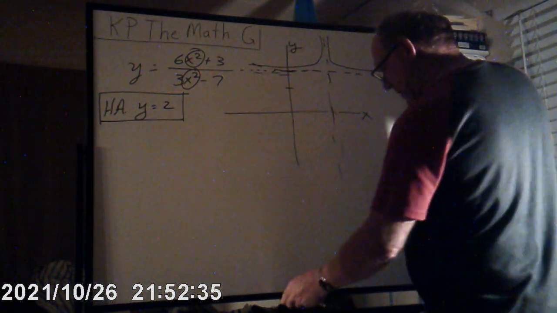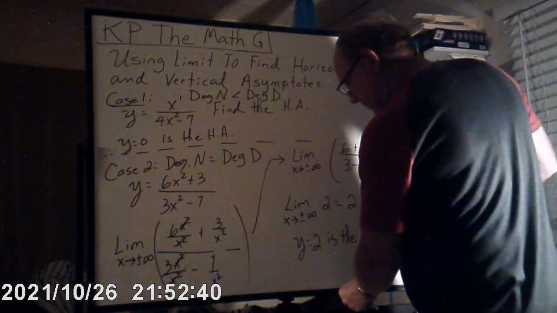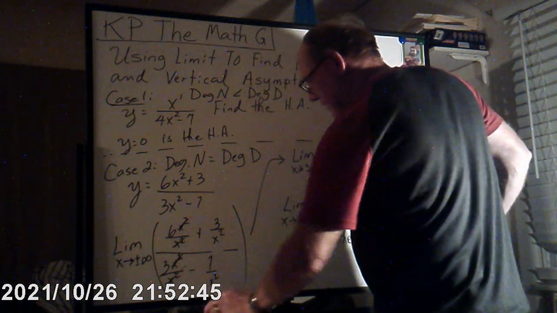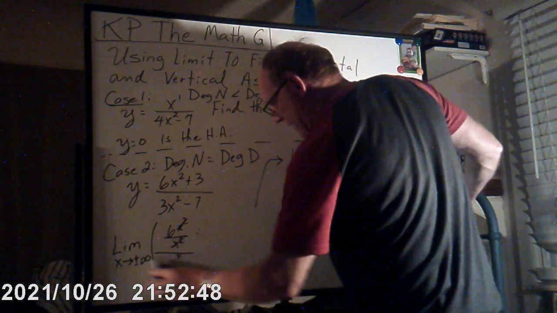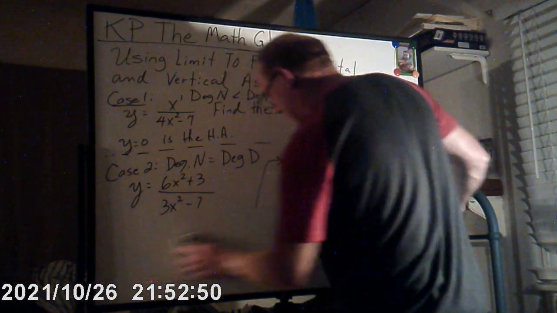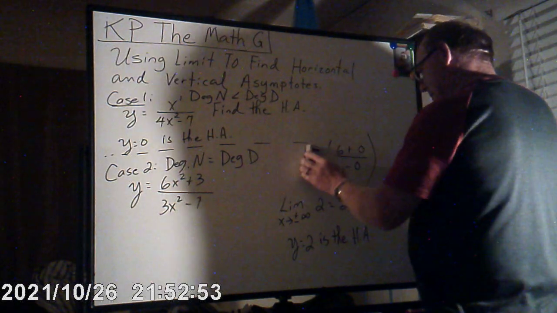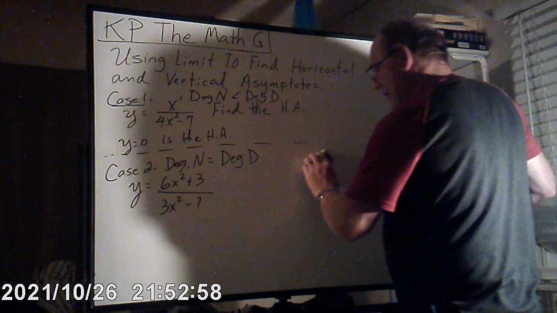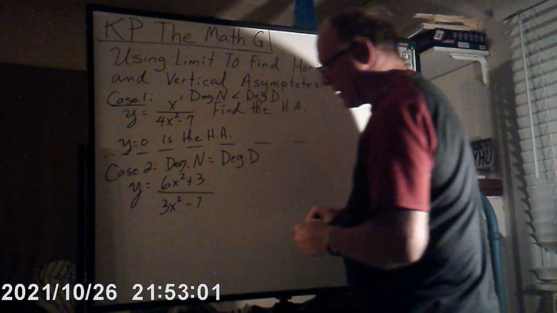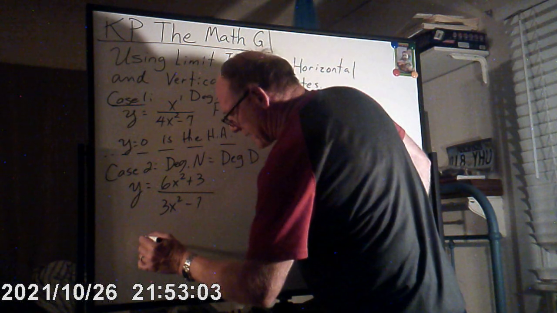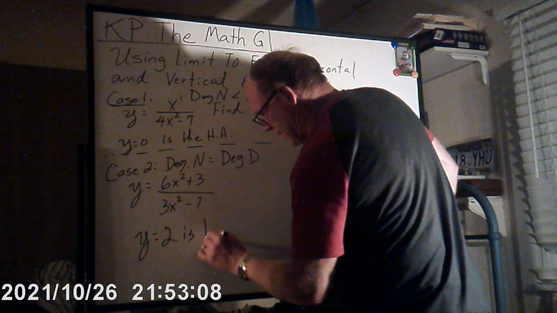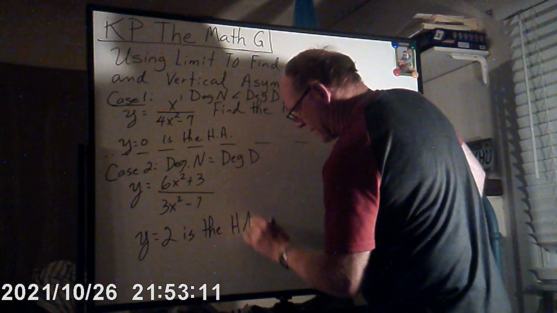So let's go back to the other side again, and let's erase all this and determine something here. We did this limit, doing that. All right, so let's take a look here. We do know that y equals 2 is the horizontal asymptote.